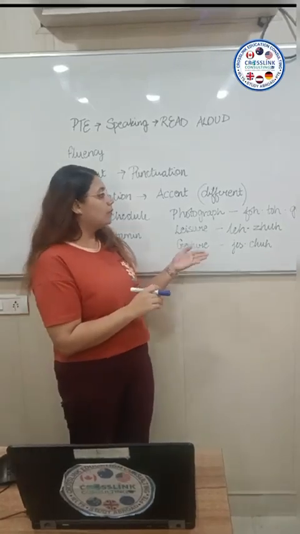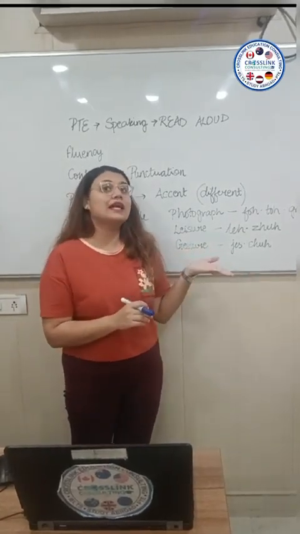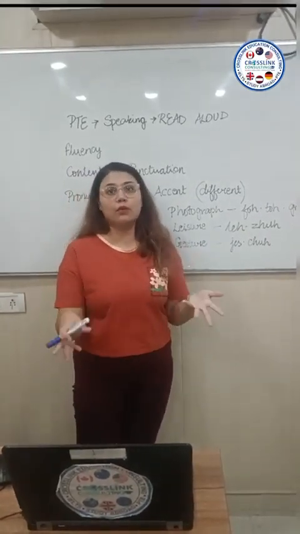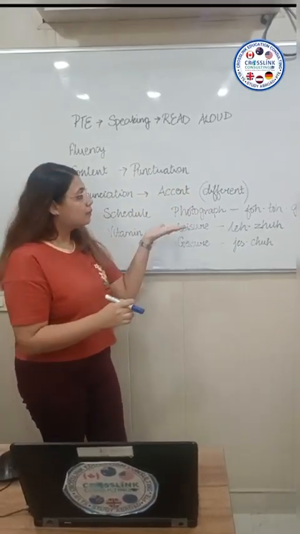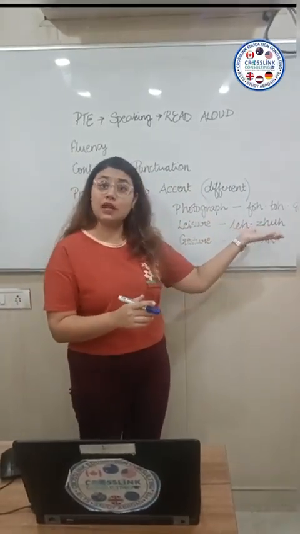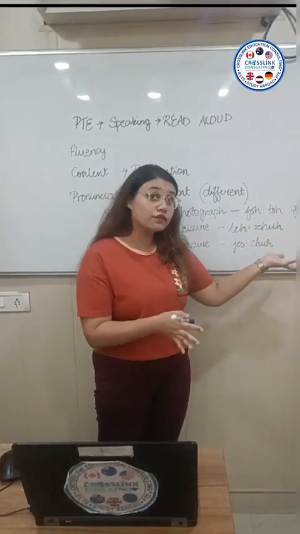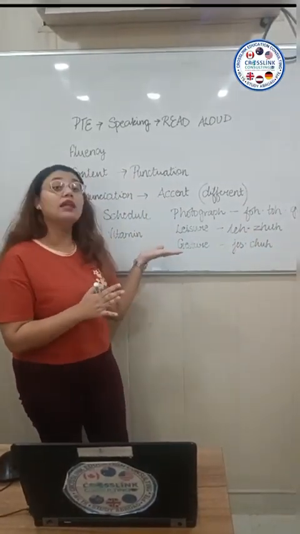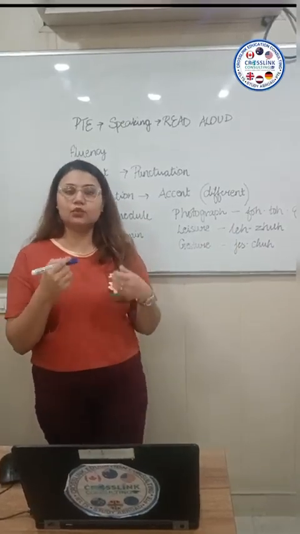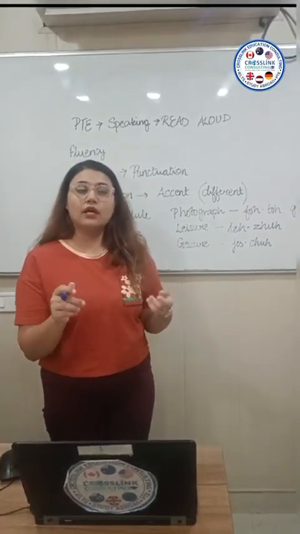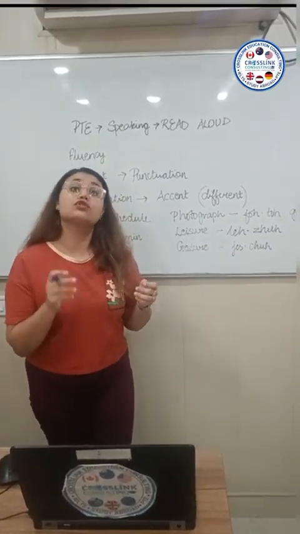Moving forward, talking about the pronunciation, which I said I find is the most important aspect of speaking, especially of the read aloud. So photograph, you see it is pronounced like this. Then coming to leisure, we do not actually stress on the second syllable. People, like students, say it incorrectly.